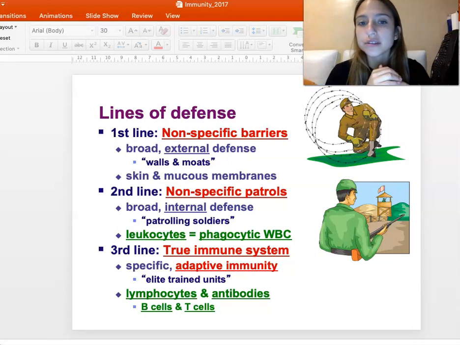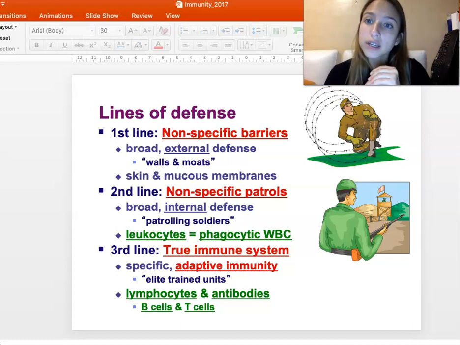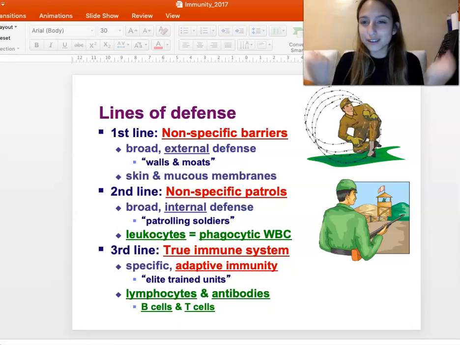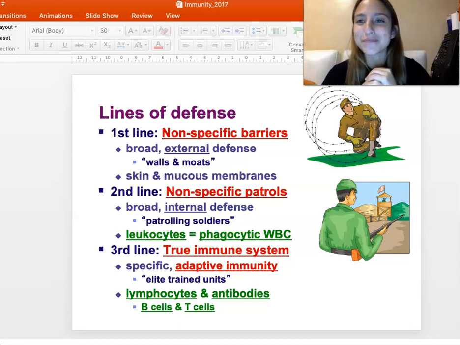In our immune system, they're specifically called leukocytes, or the image that I showed you at the very beginning of the lecture, which are phagocytic white blood cells. They're cells that are able to eat up anything and everything that is foreign. They're non-specific about what they eat up and what they try to attack.